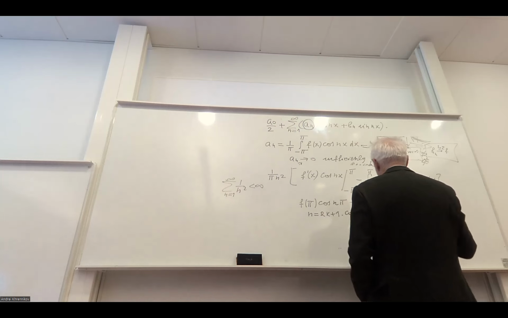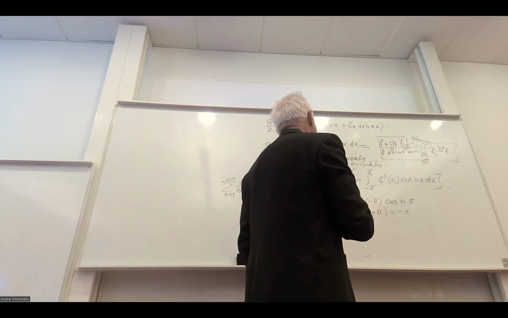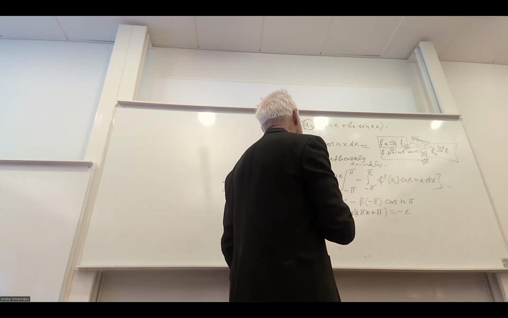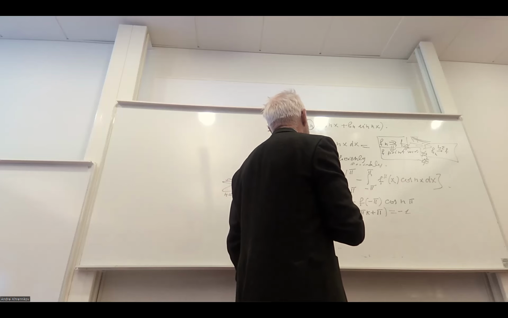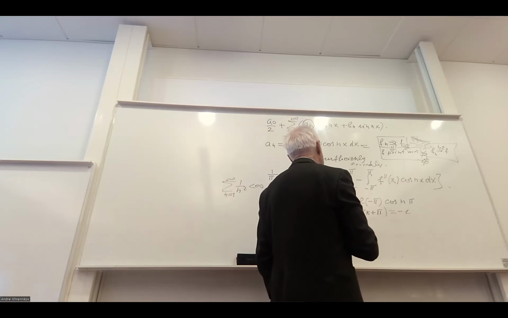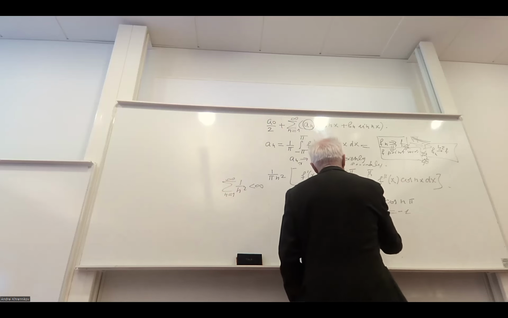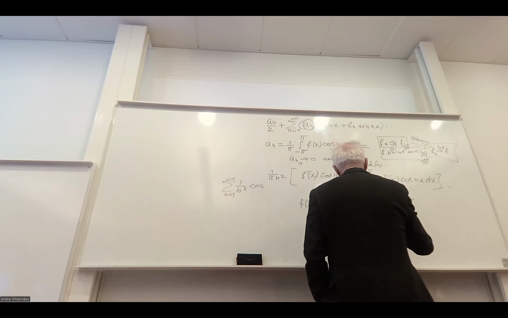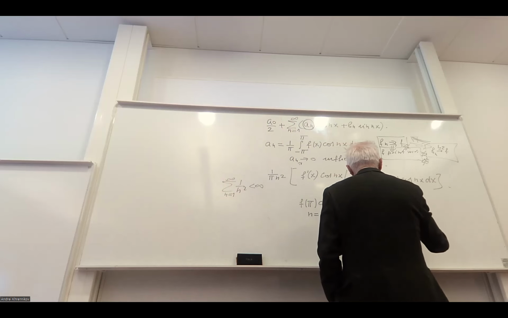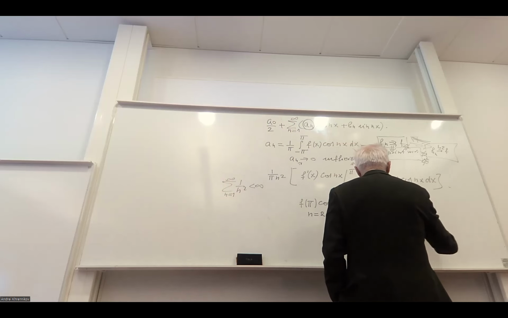And cos(2 pi k minus pi) is also minus 1. Good.